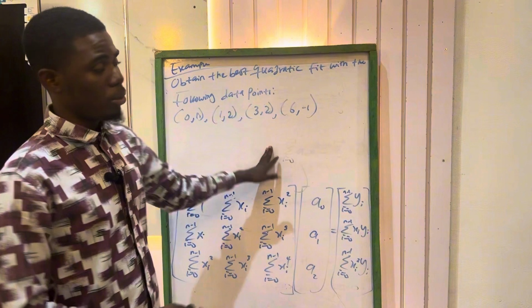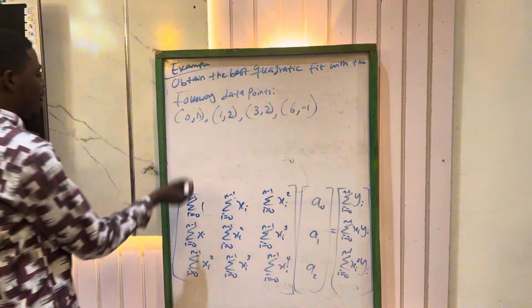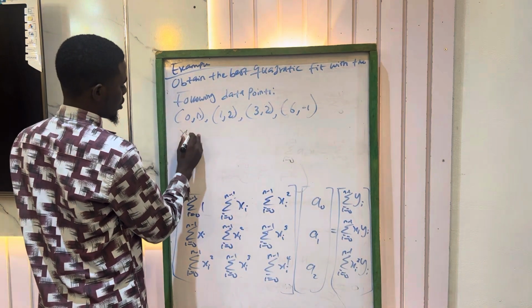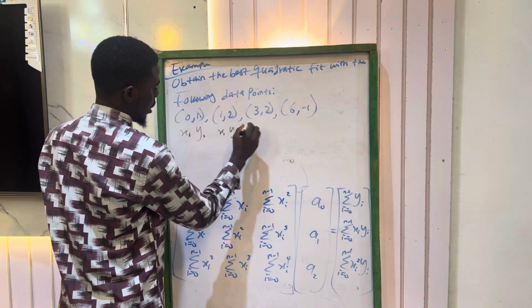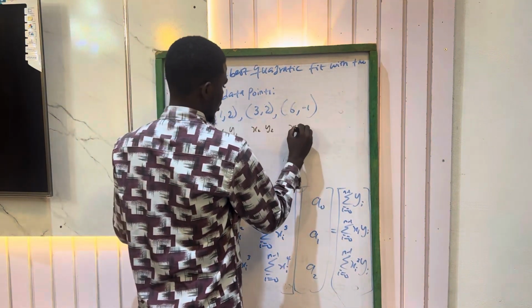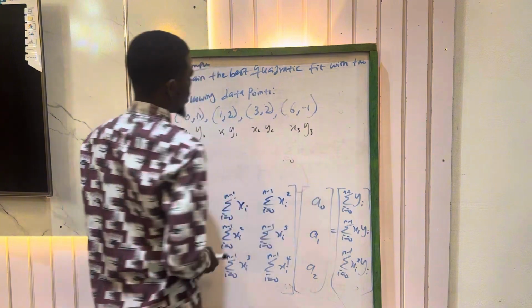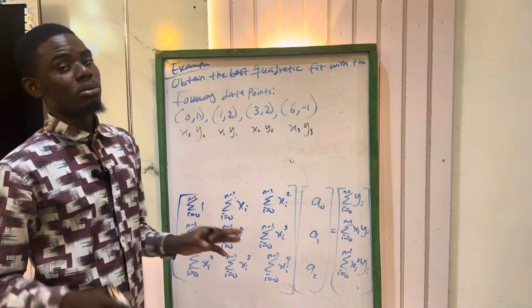So going on with this question, we want to obtain the best quadratic fit with the following data points. From these we can get our x0, y0, x1, y1, x2, y2, x3, y3. I've said this already before. Our n in this question represents the number of points.